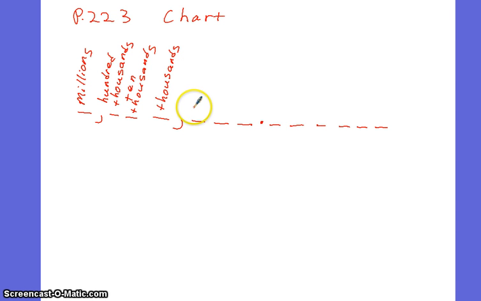And then over here we have hundreds, tens, and ones. Okay, so we did a lot with that. And we've also done our decimals and fractions as well, but let's talk about these.